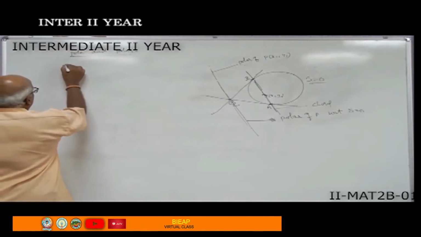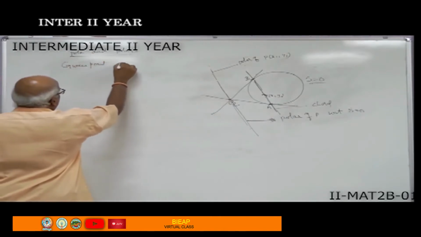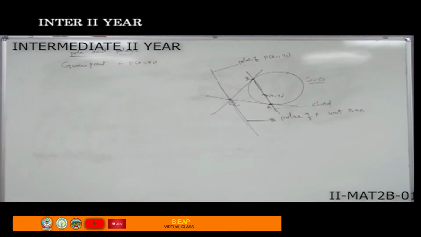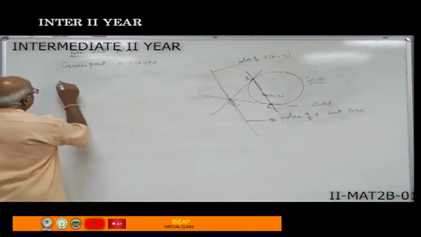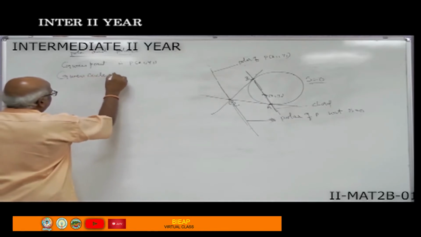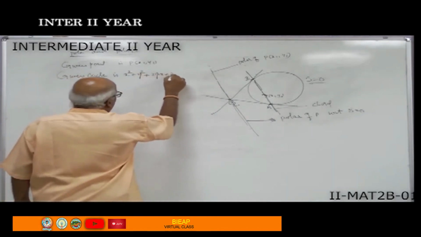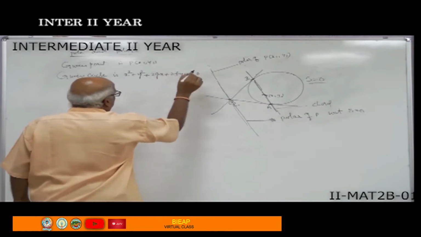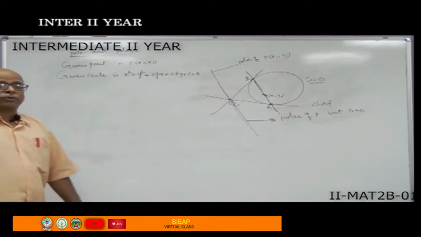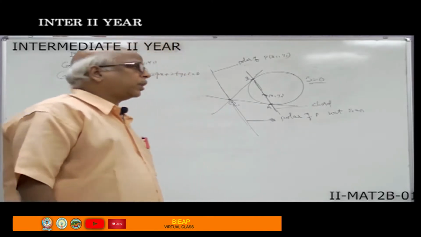Let us derive. Given point is P x1 y1. Given circle is x square plus y square plus 2gx plus 2fy plus c equal to 0.